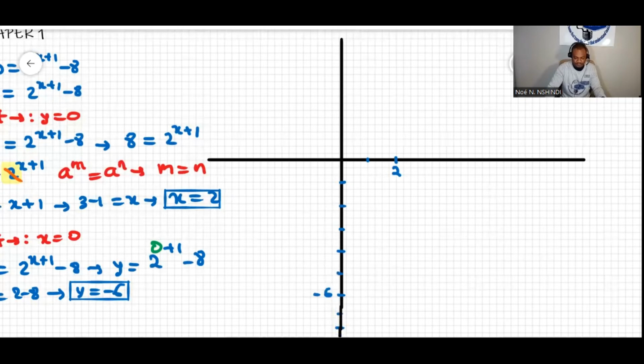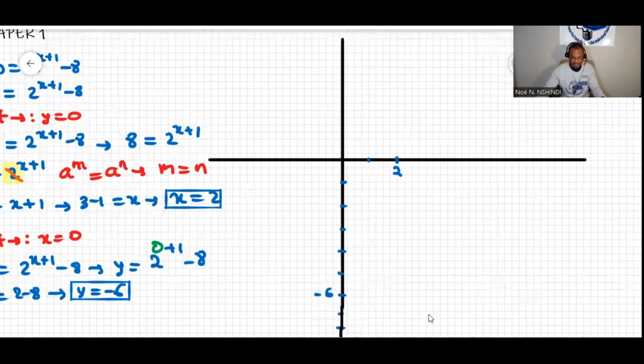I don't need to make a perfect line because it's just freehand. We do know that the asymptote will be somewhere there.